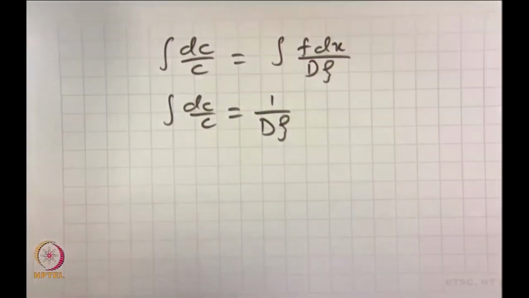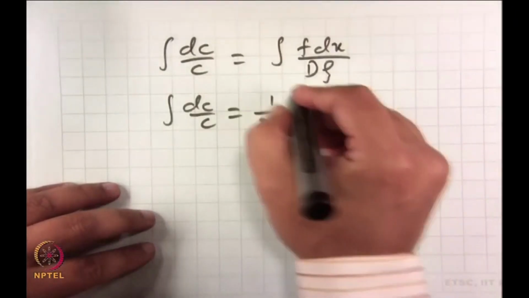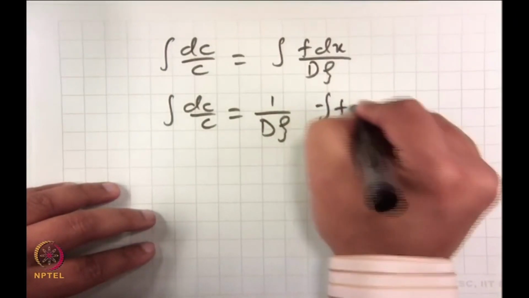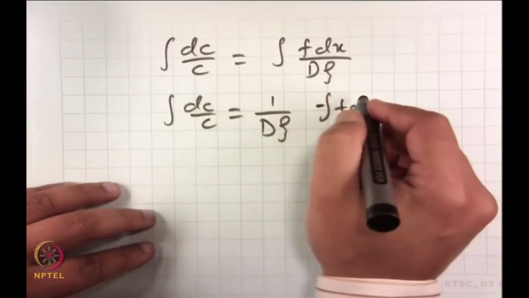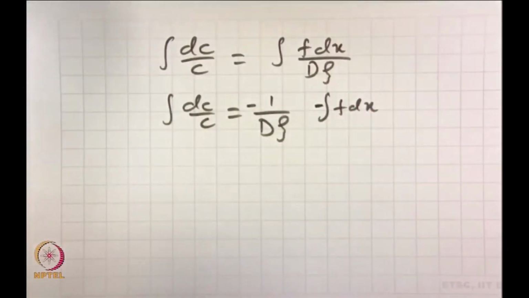Here I will define a term, minus f dx, and I will be having a minus here to neutralize this minus sign. Okay. Now, what is integral of f dx? Can someone tell me? Work done, good, right. Force times distance is work done, right.